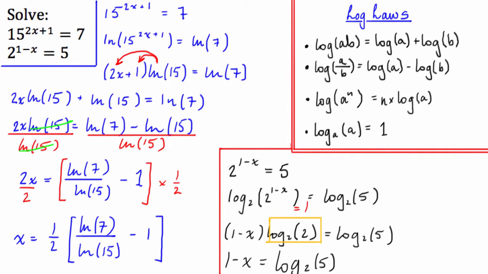Then I'm going to move the x over to this side and the log to the base 2 of 5 over to this side. And I have x equals 1 take log to the base 2 of 5.